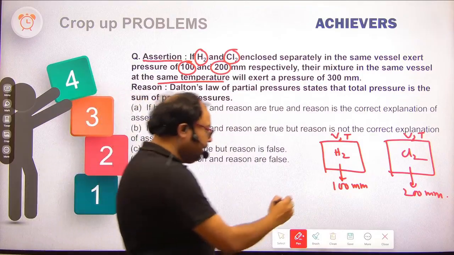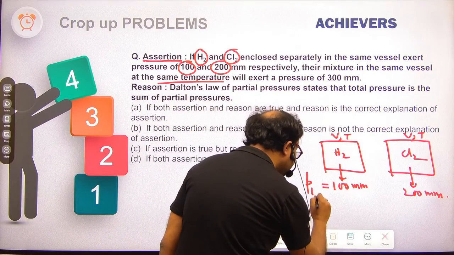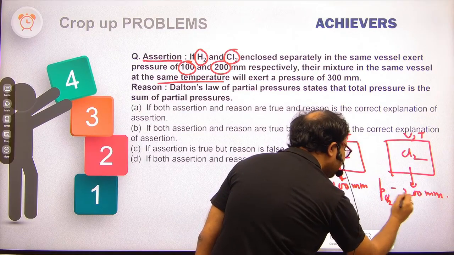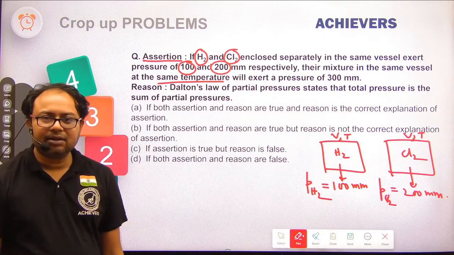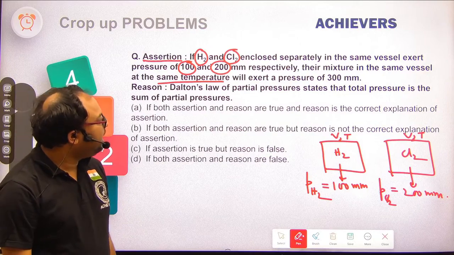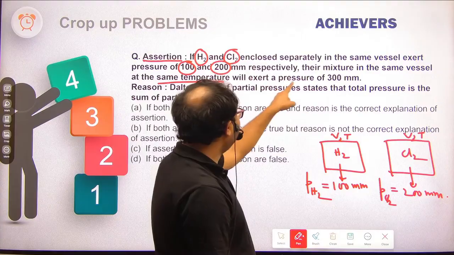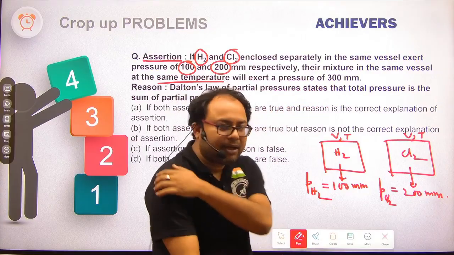So obviously this is the partial pressure of hydrogen and this is the partial pressure of chlorine. It is going as per our definition. Then their mixture in the same vessel will exert a pressure of 300 millimeter.